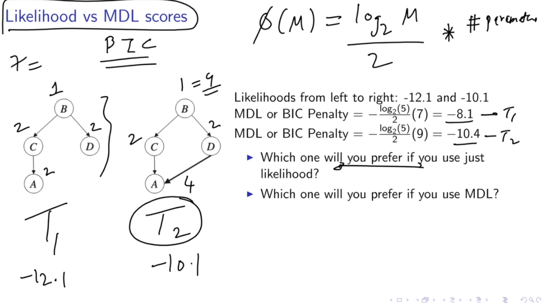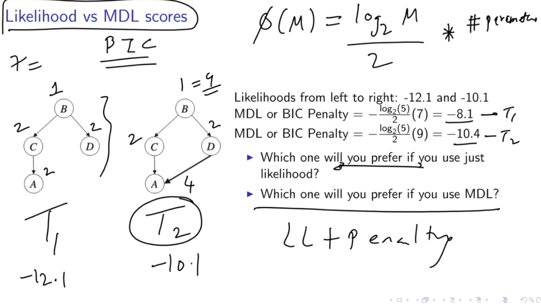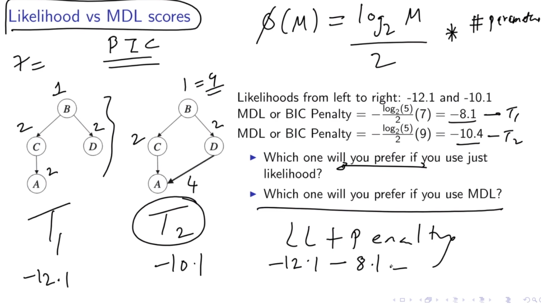So based on the LL score plus penalty criteria, what will you choose? We'll have to do some calculations. Let's calculate LL plus penalty for T1. It's minus 12.1 minus 8.1, which is equal to minus 20.2.